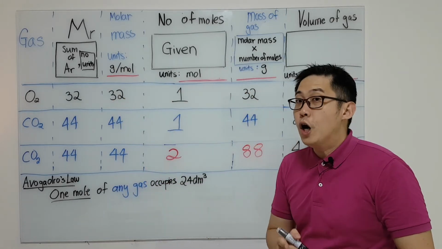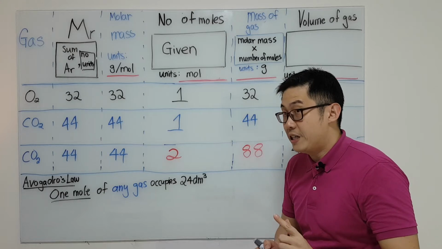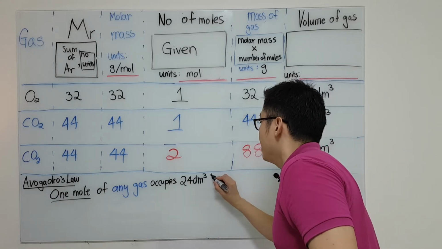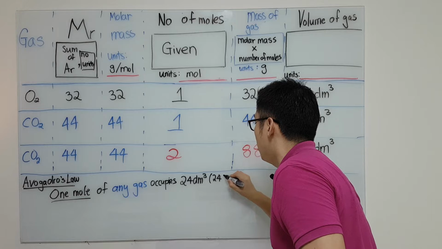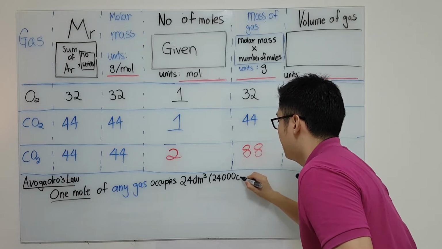And students, if you recall, 1 dm³ is actually 1000 cm³, so we can also write this as 24,000 cm³.